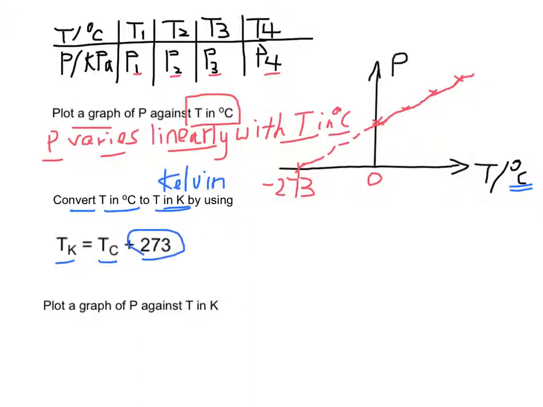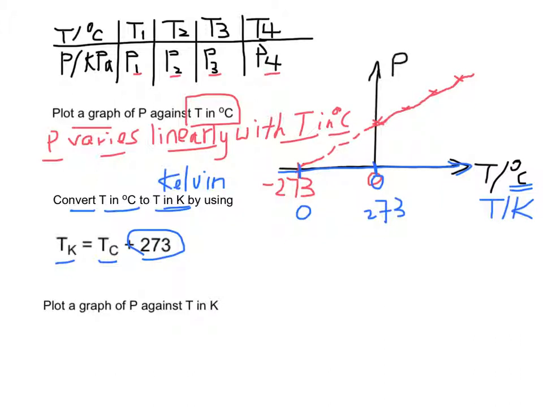Then the temperature axis will change from T in degrees Celsius to T in K, and this point becomes 0K, and this point becomes 273K.